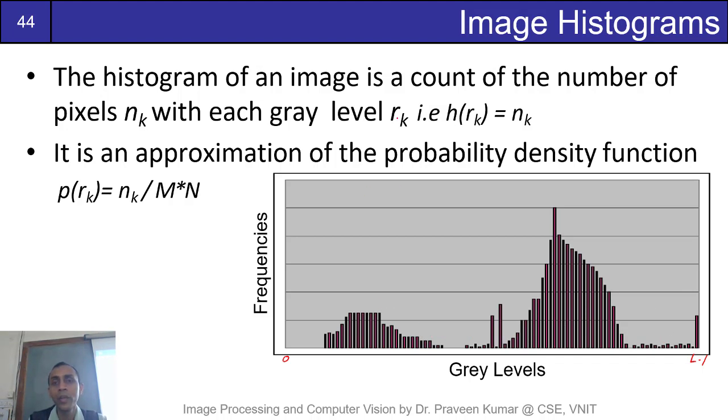If you want to denote it by a function, then the histogram of a particular intensity level r_k, where r is the input variable and k is the kth intensity level, is equal to n_k, which is the number of pixels having that intensity value. If you divide it by the total number of pixels, you call it a normalized histogram, which is basically nothing but the probability function, the PDF of that intensity, isn't it?